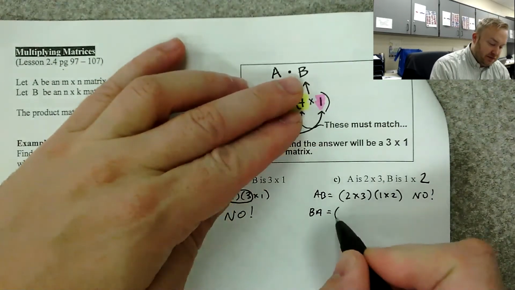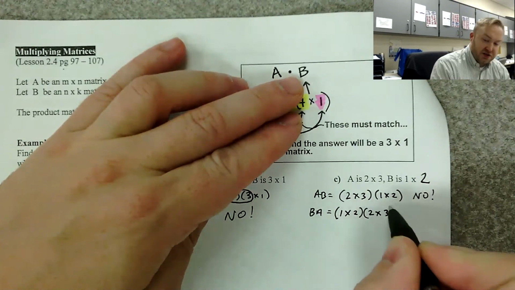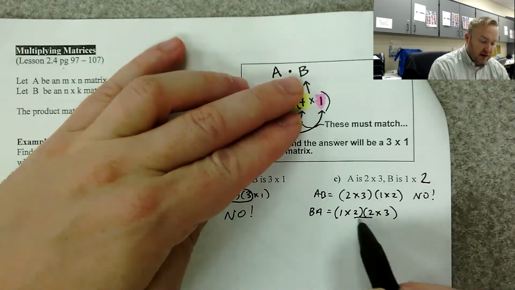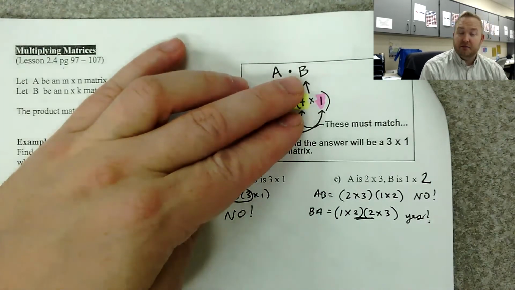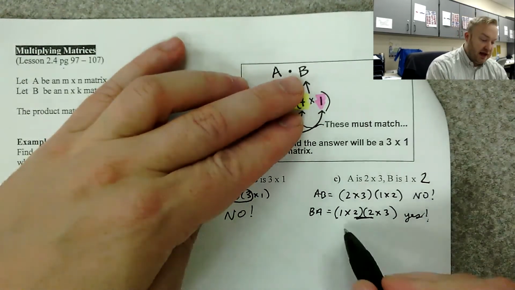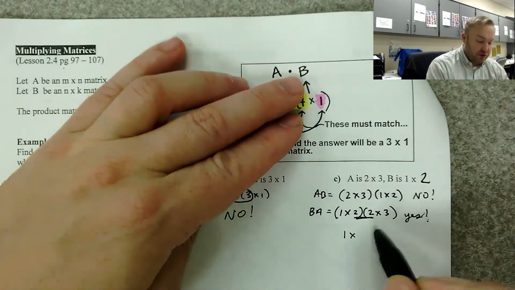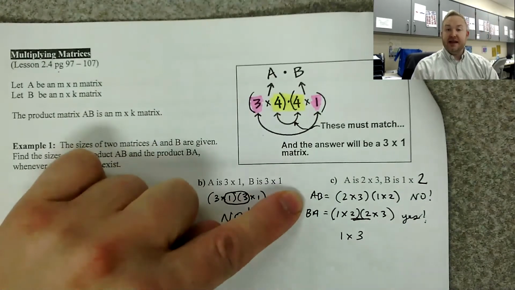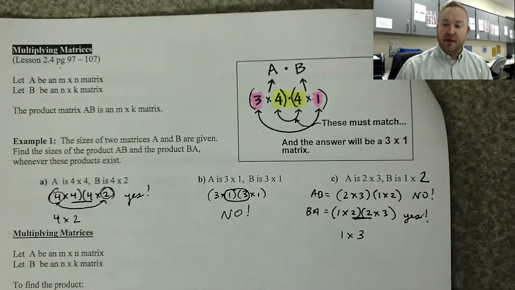If I do B times A, B is 1 times 2, but A is 2x3. Well, looky there. Now my middle numbers are the same. I can multiply these matrices, and my answer will have 1 row and 3 columns. So A times B and B times A are not the same thing when A and B are matrices.